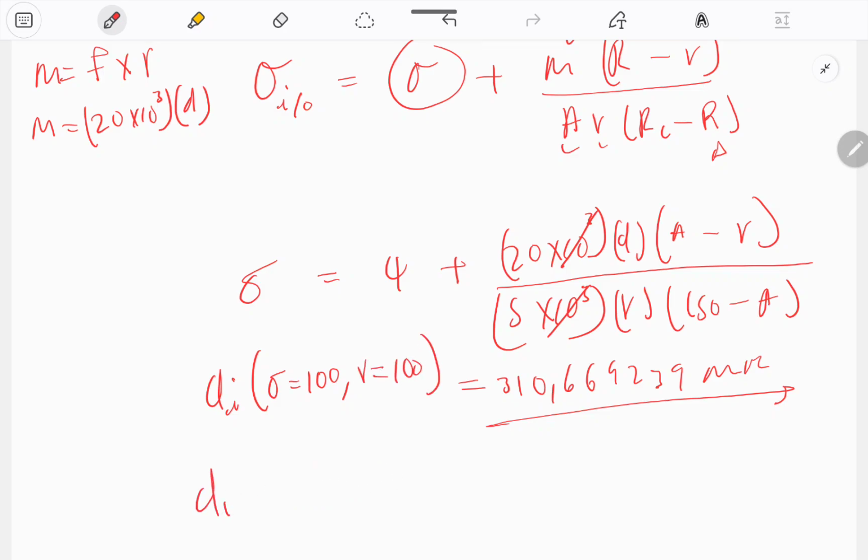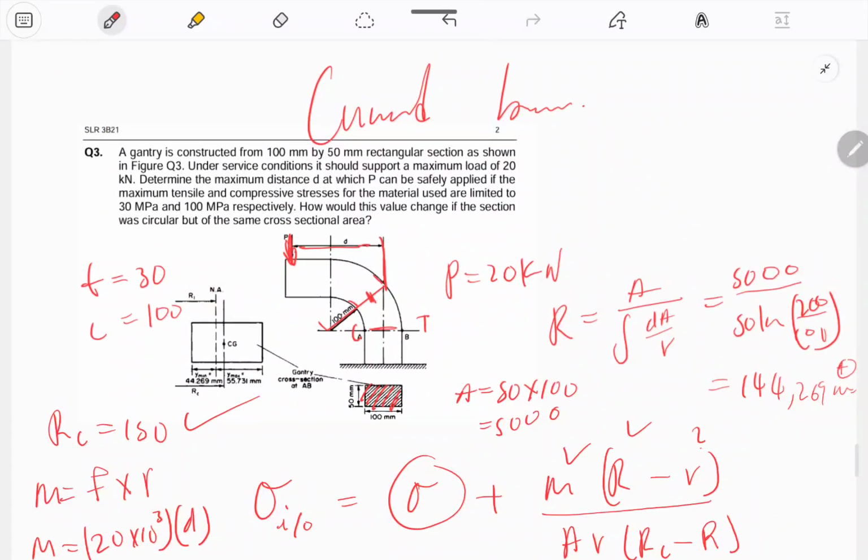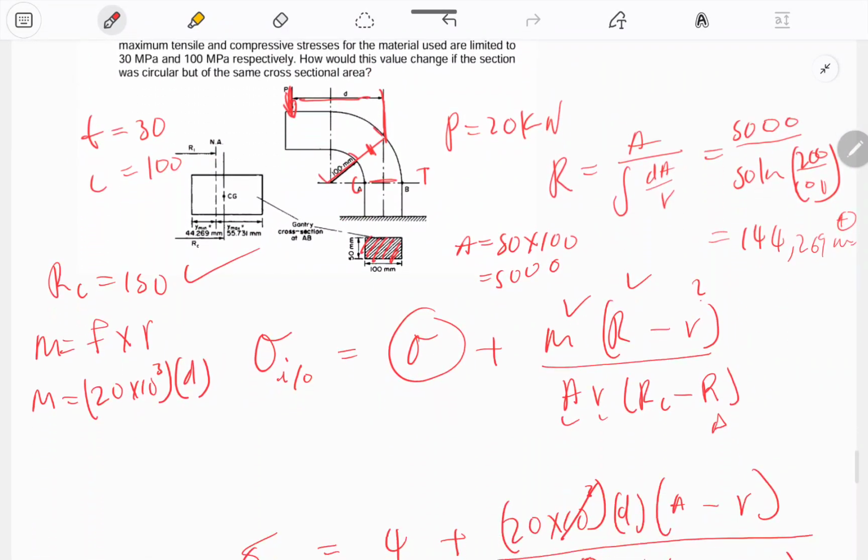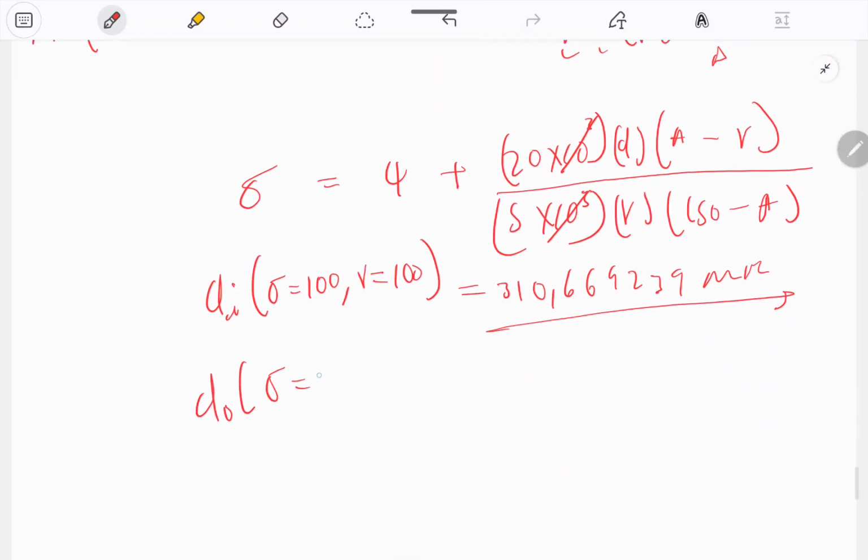For this one, D outer, I'm setting sigma to, what did I say? 80. Yes, tension. Into 30, and I'm setting my R to 200. So let me make this look better. So this is our function. So we're setting in these two and then we're getting different answers, right?